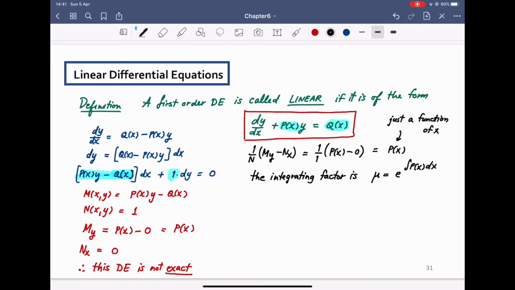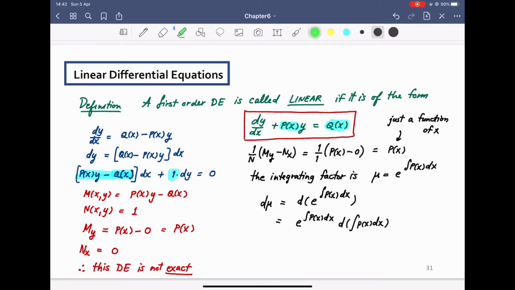Once we have the integrating factor, we can multiply the original equation by it, and then the equation will turn into an exact differential equation. But before we do that, let's compute d mu, as this will be handy later. So d mu is the differential of e to the integral of p(x) dx, and that is e to the integral of p(x) dx times d of the integral of p(x) dx, by the chain rule.